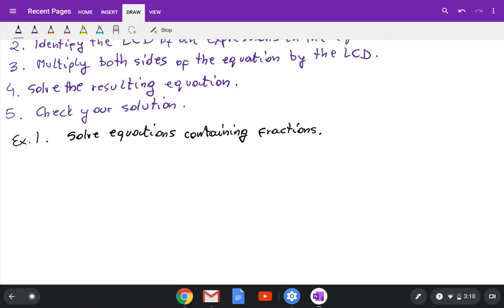And we have t over 5 minus t over 4 equal to 2.